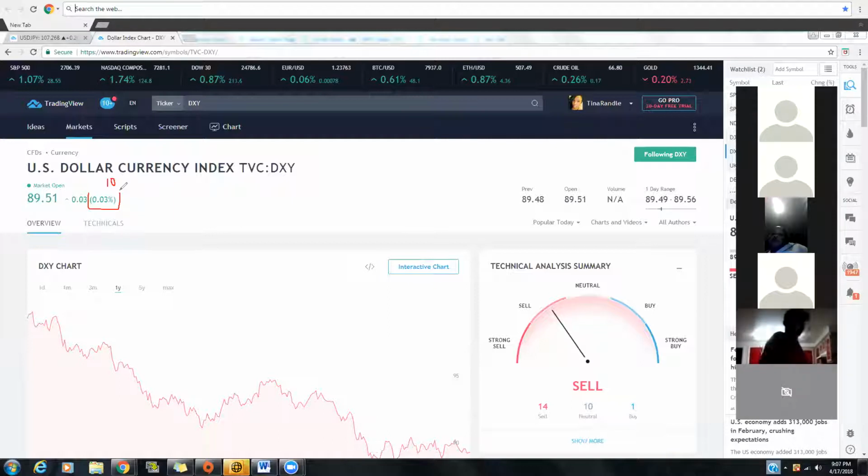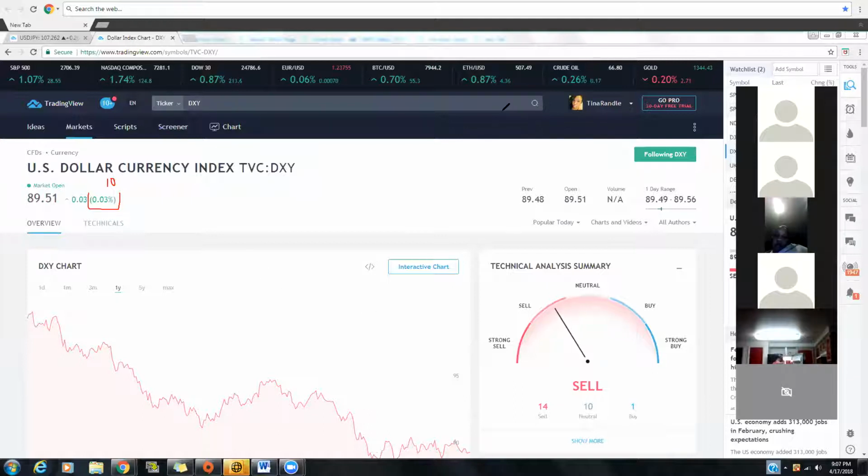So once you hit 10%, you can say this is strong momentum for the dollar or the yen or whatever pair you're looking at. So you always want it to be at about 10% or better. So 10, 11, 12, however, you want it to be at that.